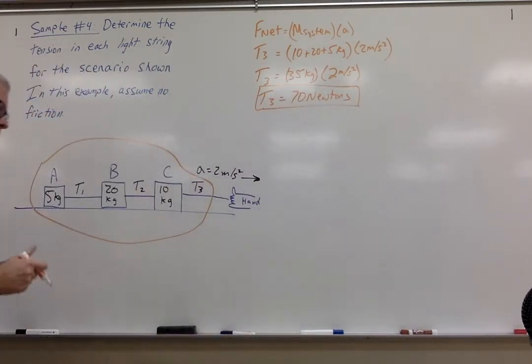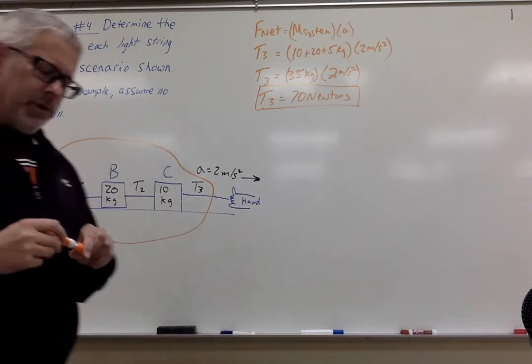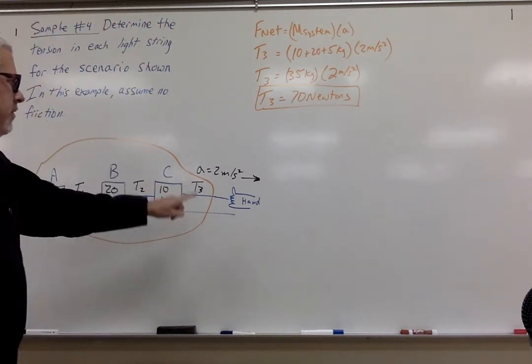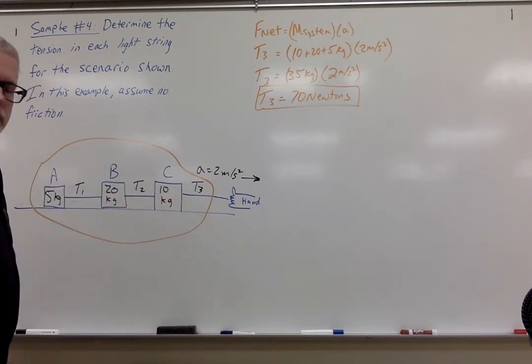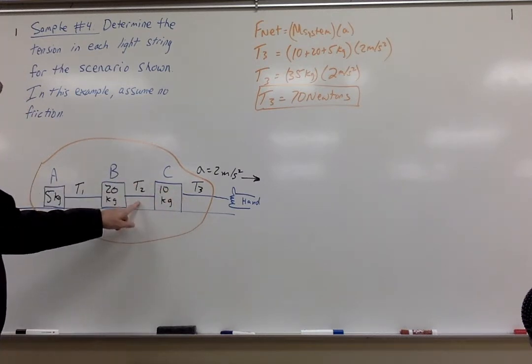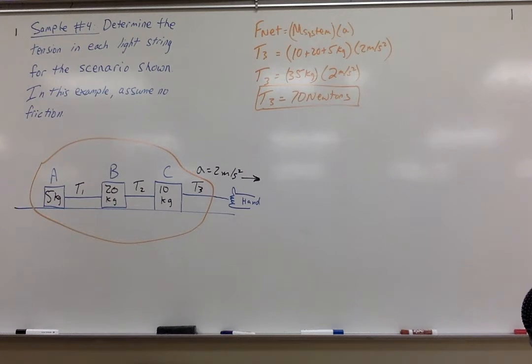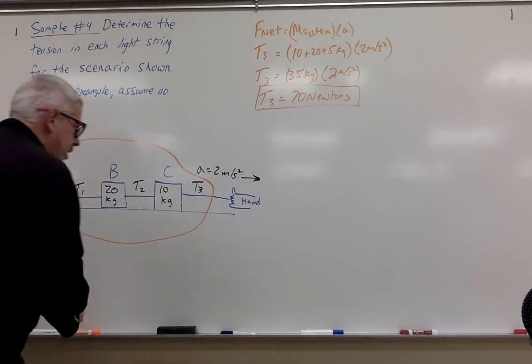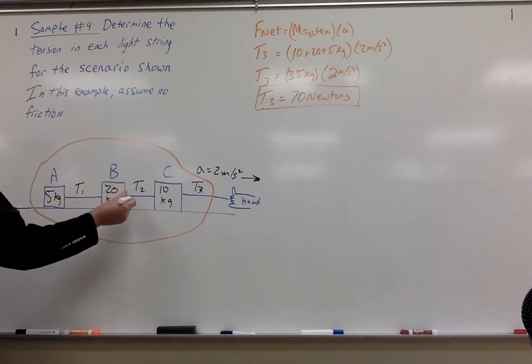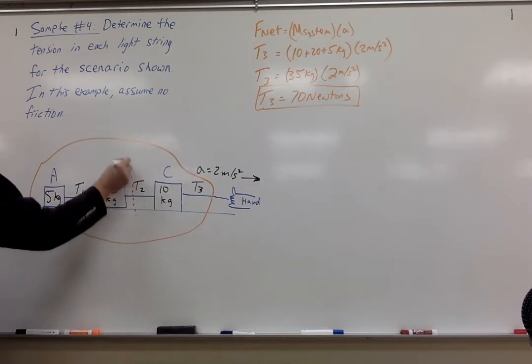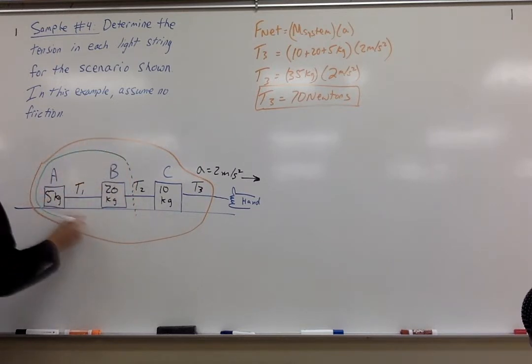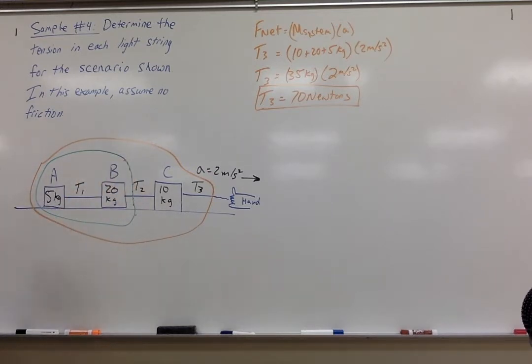If you take a moment and think about this conceptually, it might actually fool you a little bit. So I've got 70 newtons here, and it's attached to this 10 kilogram object. Some people might think that the tension in rope 2 would be greater than that because it's pulling on a 20 kilogram object. But if we think about this a little bit differently, we could realize that tension 2 is pulling only blocks A and B and accelerating them at 2 meters per second squared.